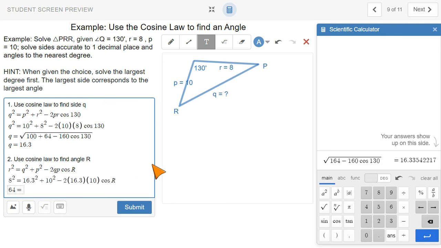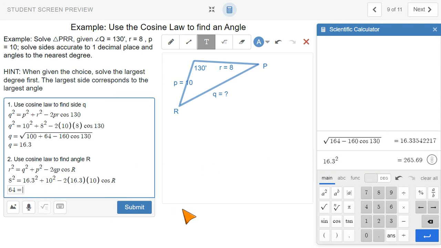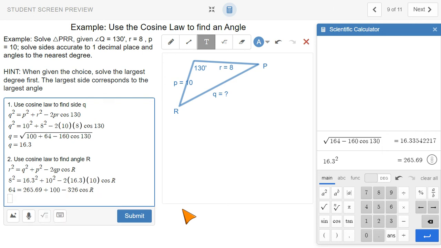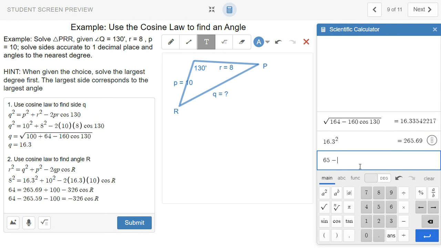I'm going to simplify. So 64 is equal to 265.69 plus 100 minus 326 cosine R. Let's rearrange now. 64 minus 265.69 minus 100 is equal to negative 326 cosine R. Let's simplify.